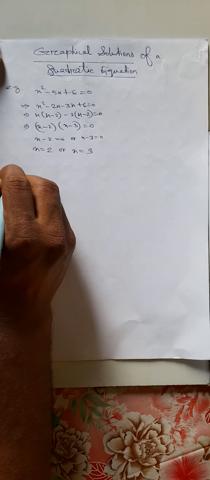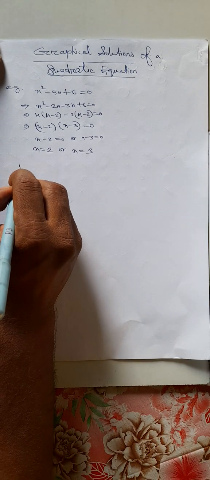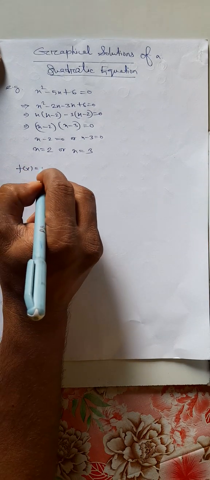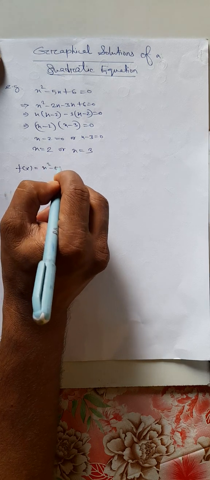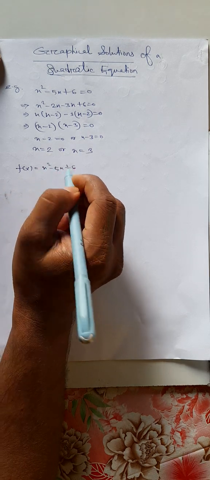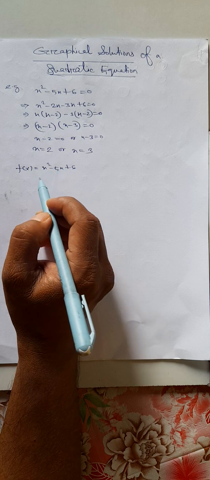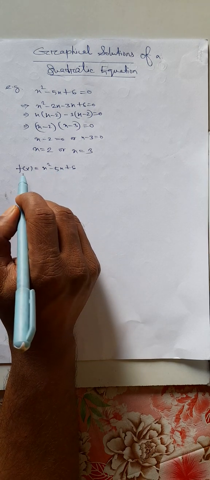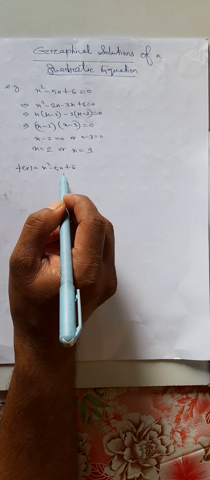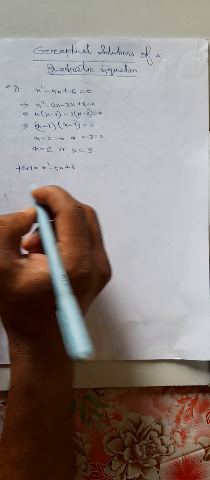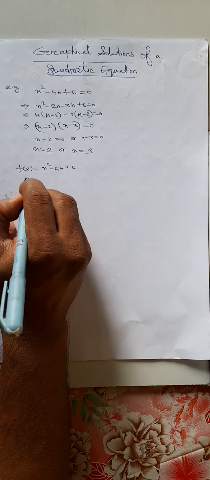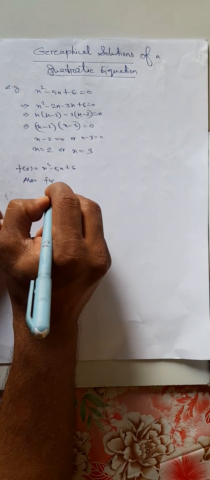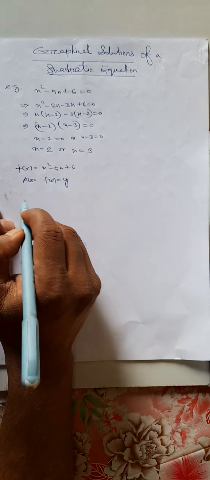Now let us treat the polynomial of this equation as x square minus 5x plus 6. It's a polynomial in x, so we treat it as f(x) equal to x square minus 5x plus 6 equal to 0. Also, we consider f(x) equal to, suppose, y.